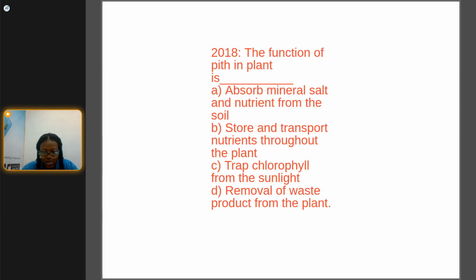The next question is also 2018. I hope we are gaining something. It says, in plant tissue, in fact, this is too simple. I want responses using the chat box. I don't want to read the question by myself.